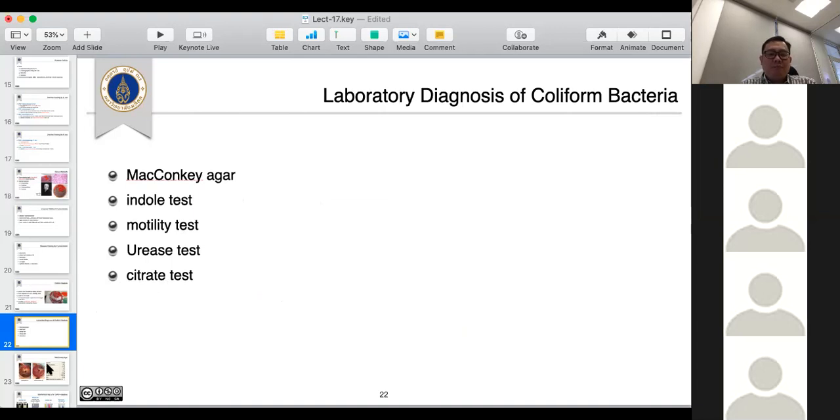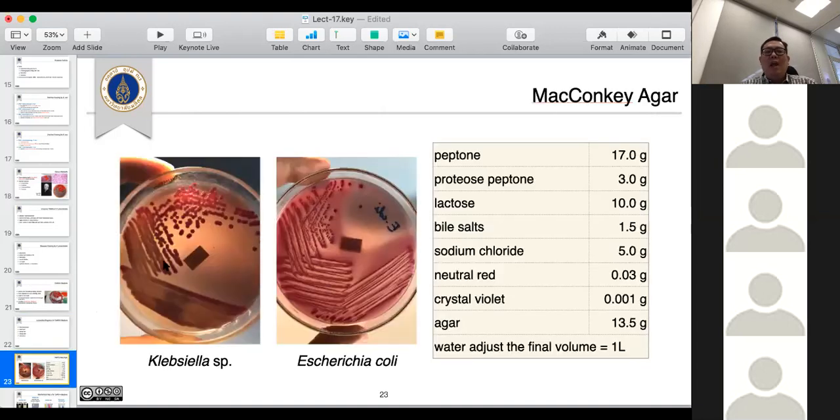Let's start from MacConkey. MacConkey is both selective and differential media. Selective for what? Against gram-positive bacteria, because it contains crystal violet and bile salts. Crystal violet and bile salts together inhibit gram-positive bacteria, so what can grow inside is supposed to be gram-negative bacteria.